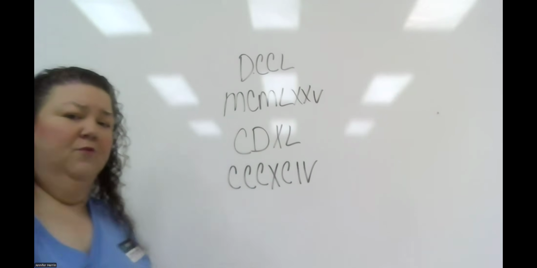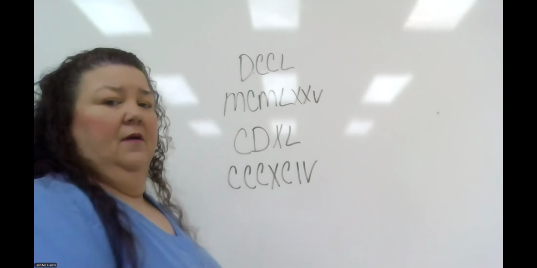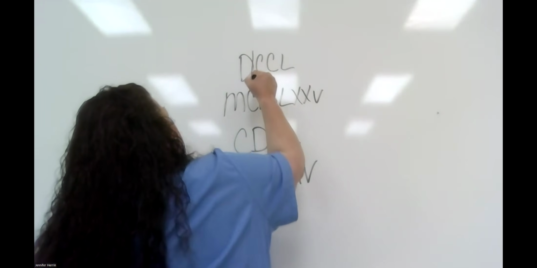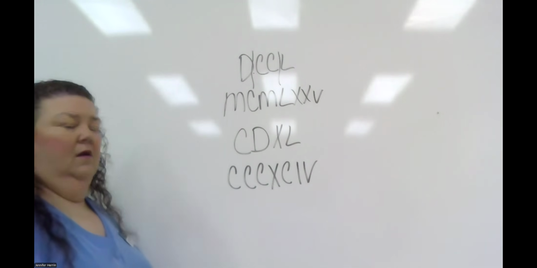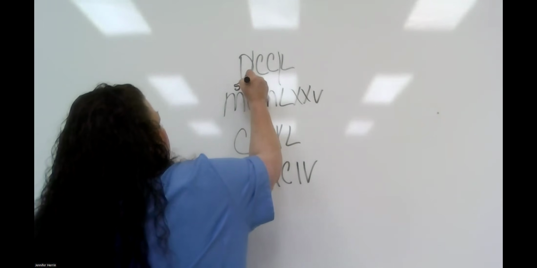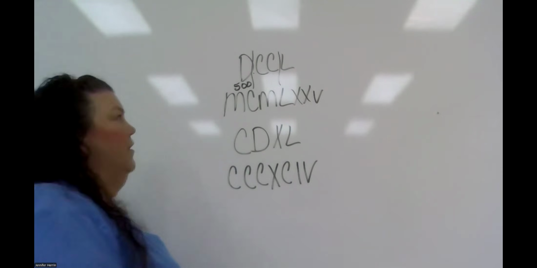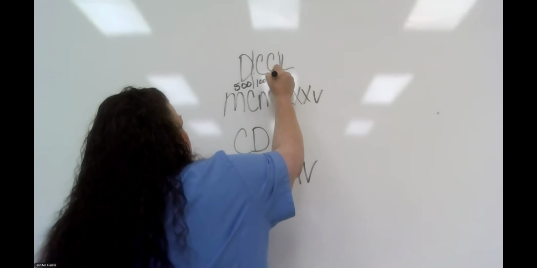Okay, so I have some examples here. We're going to start up here at the top. So again, if you're one of the people that needs to maybe separate your Roman numerals, we could separate it like so. Remember, our D is 500. Your C's are 100. And here I have 2 of them, so that's 100 plus 100.